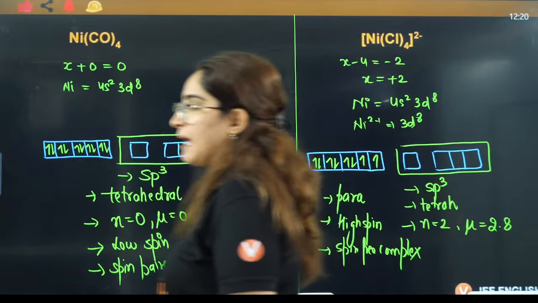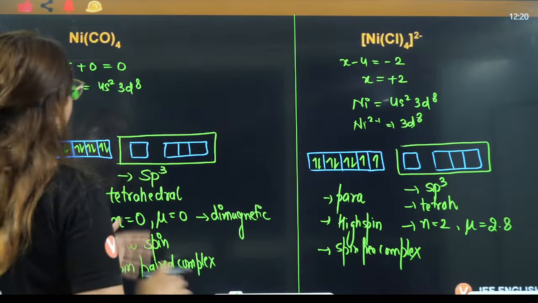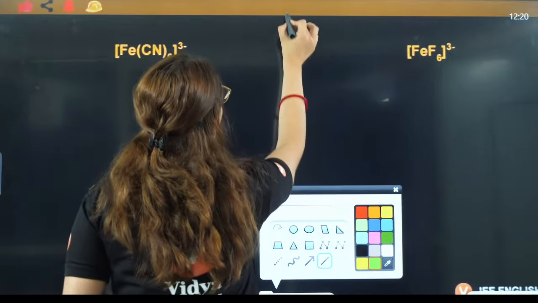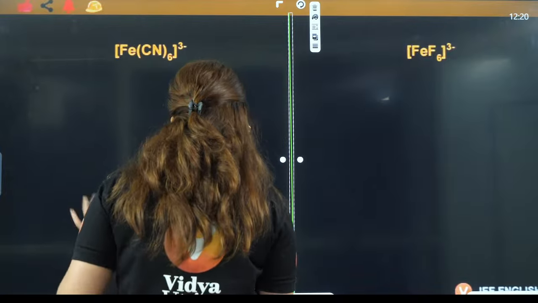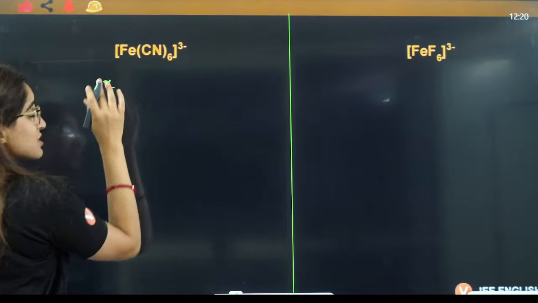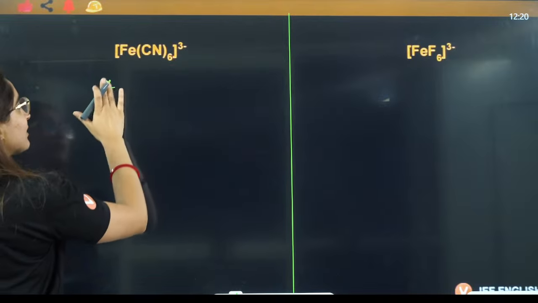Okay, now that was about coordination number 4. If I talk about coordination number 6, how do I define it? See, again I'll do the same thing. I'll calculate the oxidation state. I'm just telling you how to solve this.